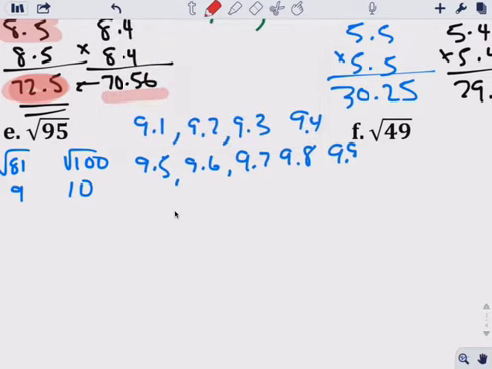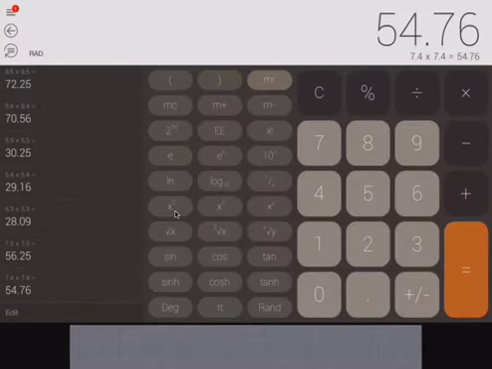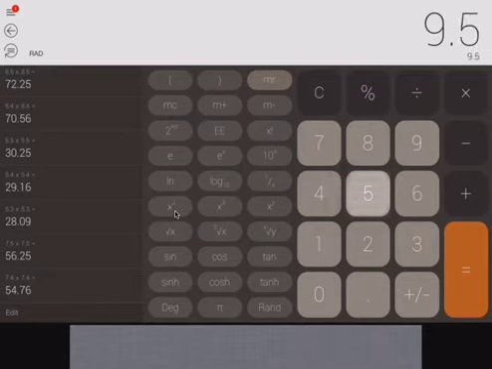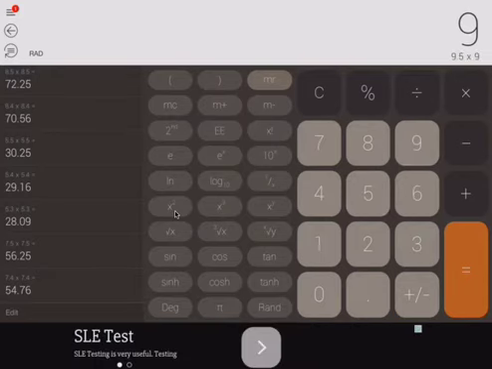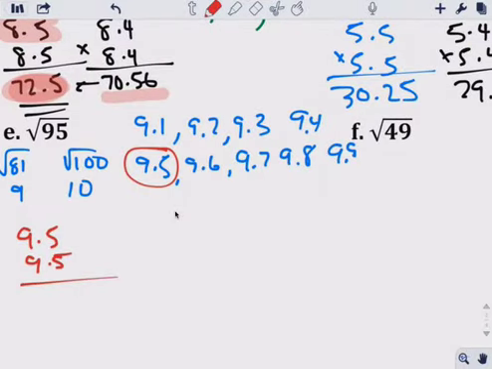Okay, let's try 9.5. Okay, clear it out. 9.5 times 9.5 equals 90.25. 90.25 is way too small compared to that, so we don't want anything lower than 9.5. Let's see, it's way off of 95.